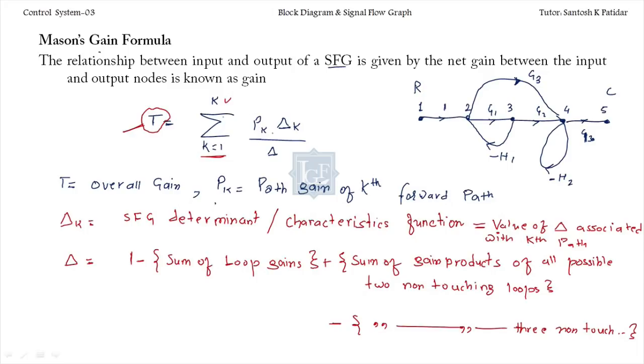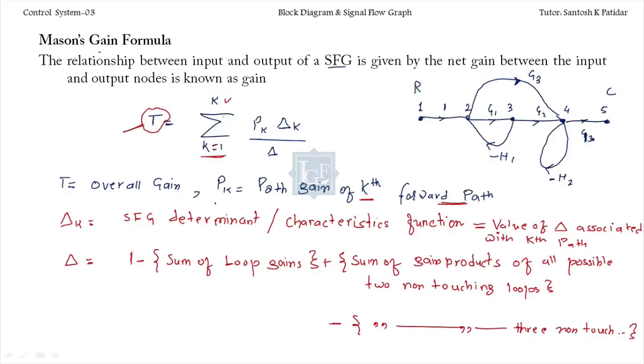What is this Pk? This Pk is the path gain of the kth forward path. Kth forward path means there will be so many forward paths in one SFG diagram, so I am considering the summation from 1 to k. Here in the given SFG we have two forward paths.